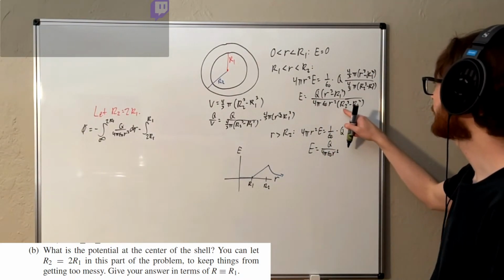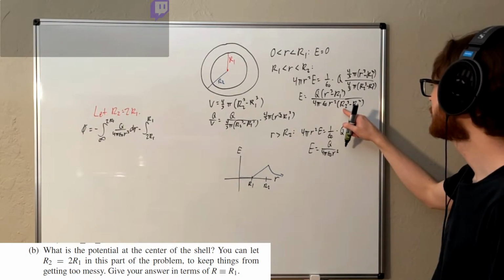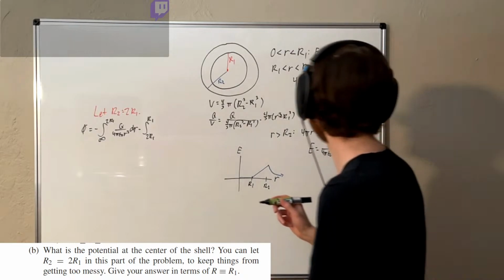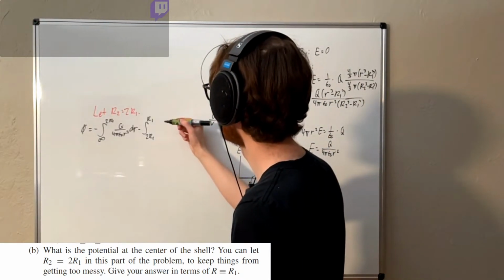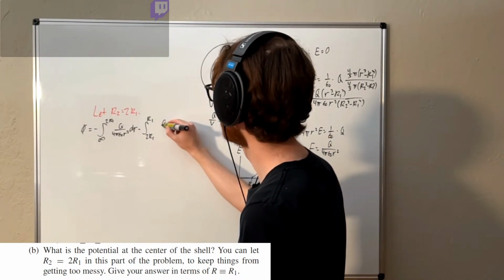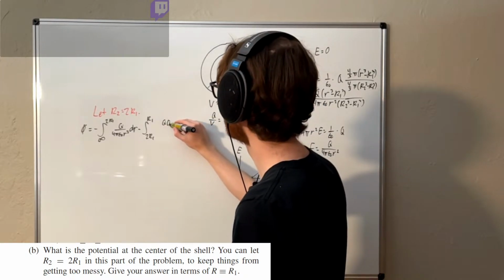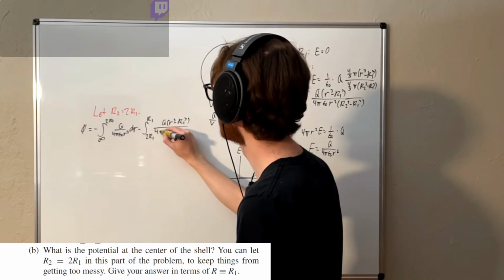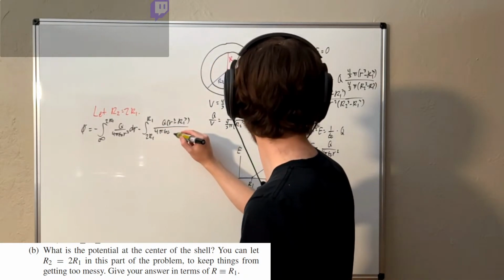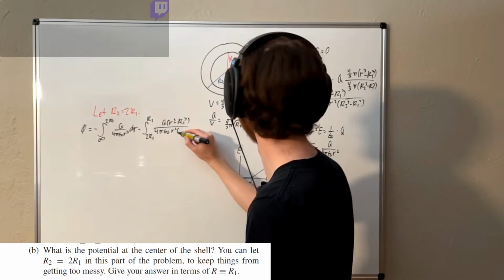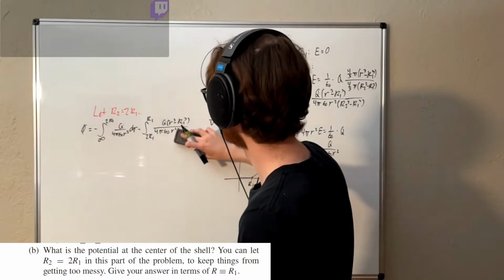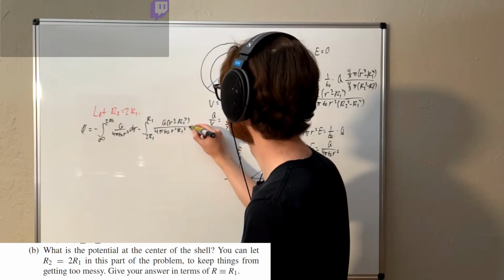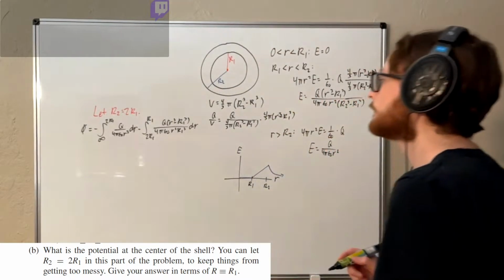So if R2 becomes 2R1, we just get an R1 cubed in the denominator.